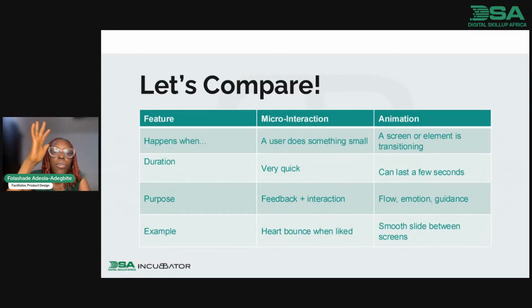Now, for the duration, micro interactions are very quick, but animations can take a few seconds. Now, what's the purpose? Micro interaction is for feedback and interactions, while animation is to show you the flow, the emotions, and the guidance. All right. Example: micro interaction, a bounce when liked.